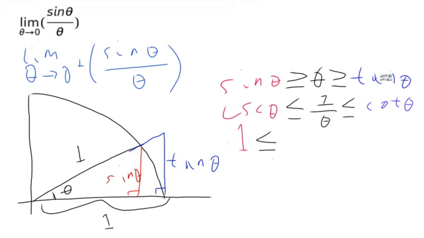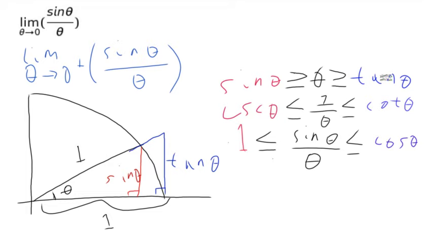And because we're multiplying by sine theta, which is positive, we keep the inequalities the same direction. 1 is less than or equal to sine theta over theta, which is less than or equal to cotangent times sine. Cotangent is cosine over sine. So the sines will cancel out, and we'll be left with cosine theta. Let me put that down once again in blue.